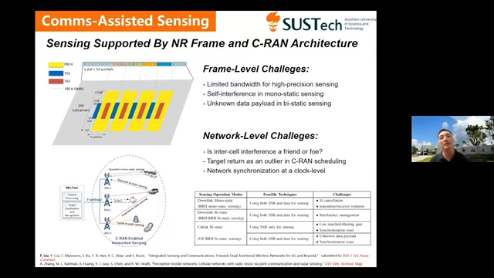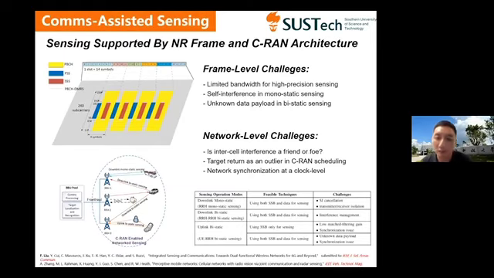This is far from enough for accurate high-precision sensing, which requires sensing resolution at the centimeter level. So there could be limited bandwidth for high-precision sensing when using the communication frame.